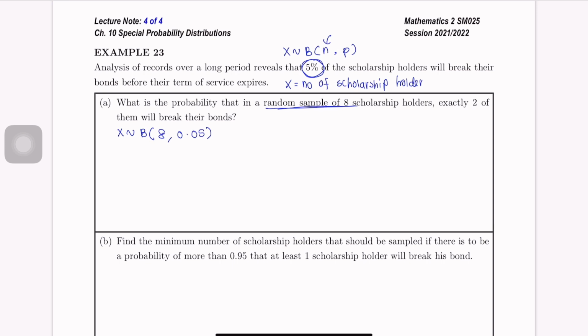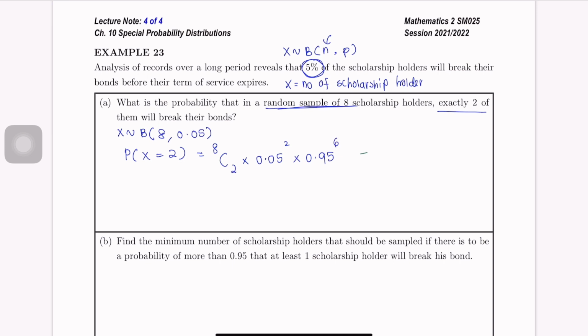Okay, what is the probability? Exactly 2. So we need to find x equals 2. For this question, we don't need to approximate to normal because we have n equals 8. Our n is small, and we can simply use binomial table or the formula. So for this question, we use the binomial formula. nC2 times 0.05 to the power of 2 times 0.95 to the power of 6.